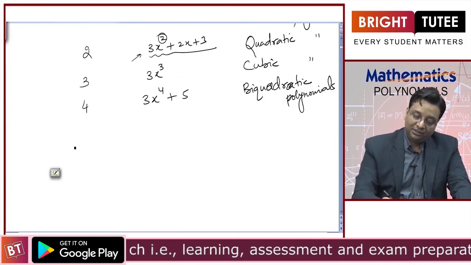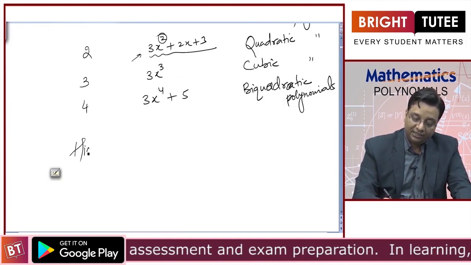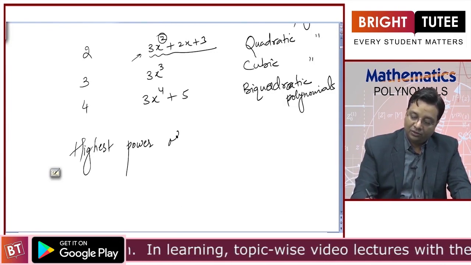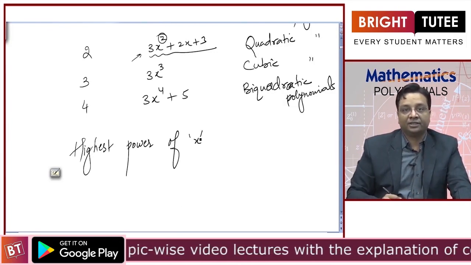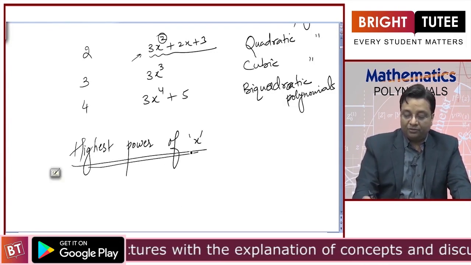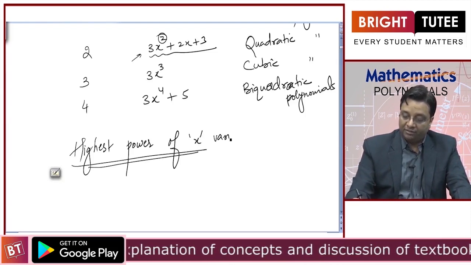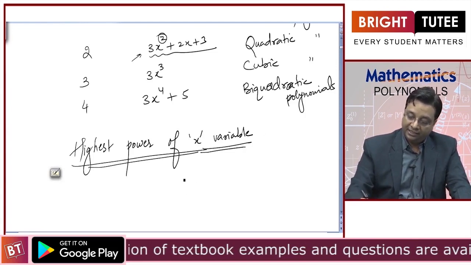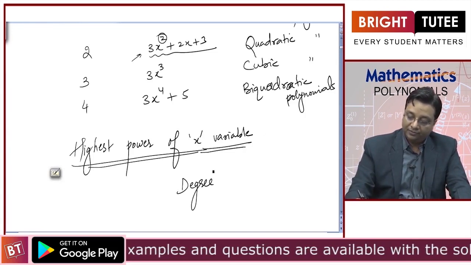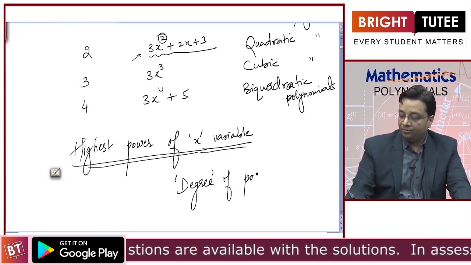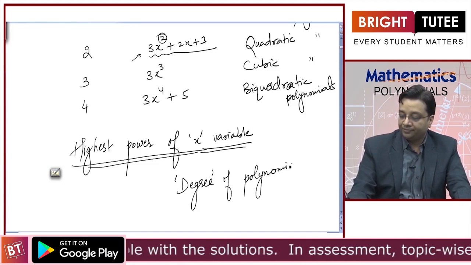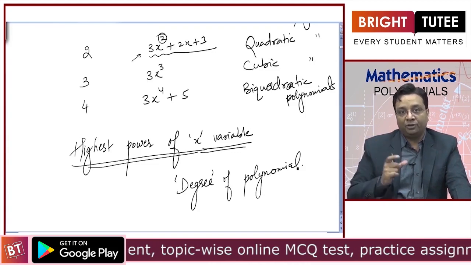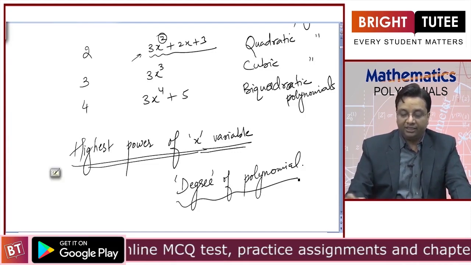Now, I gave certain emphasis on highest power of x, or let us say variable in general. The highest power of variable in a polynomial is also known as degree of polynomial.